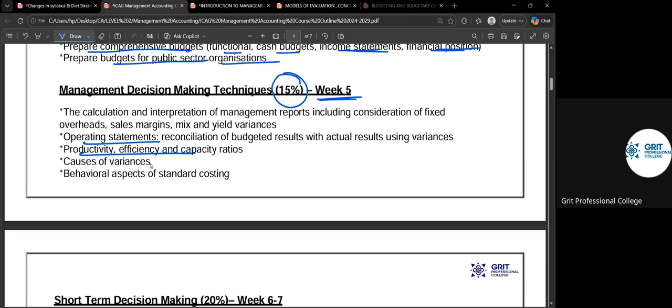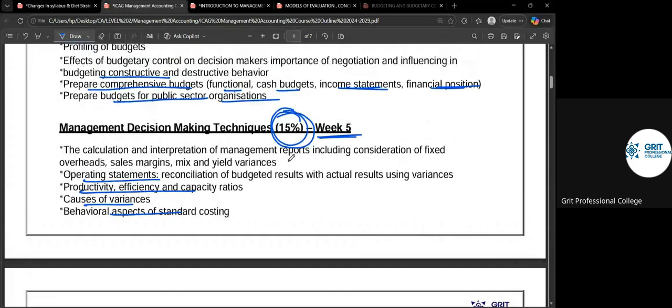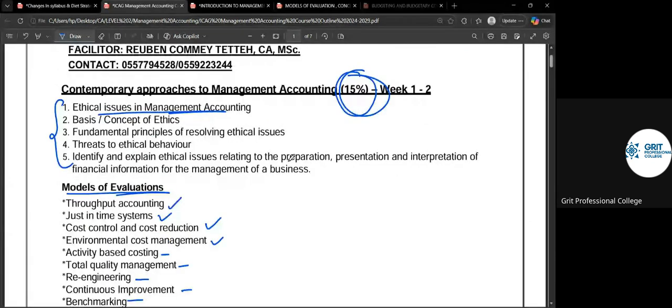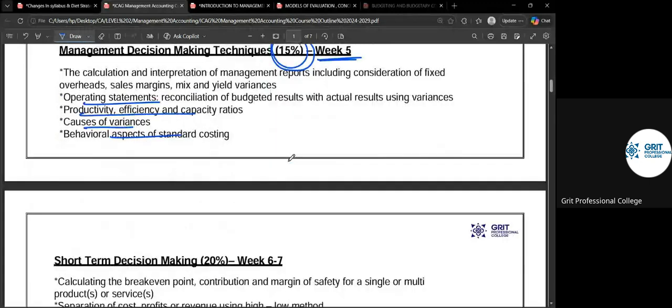For the theory areas, we'll look at the causes of the variances and the issues on standard costing. For these things, the examiner is allocating 15 marks. So far, how many marks have we looked at? 15, 15, 30, plus another 15, 45.